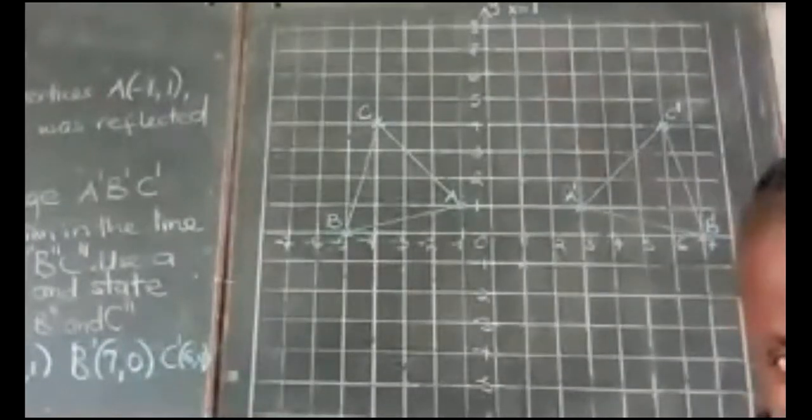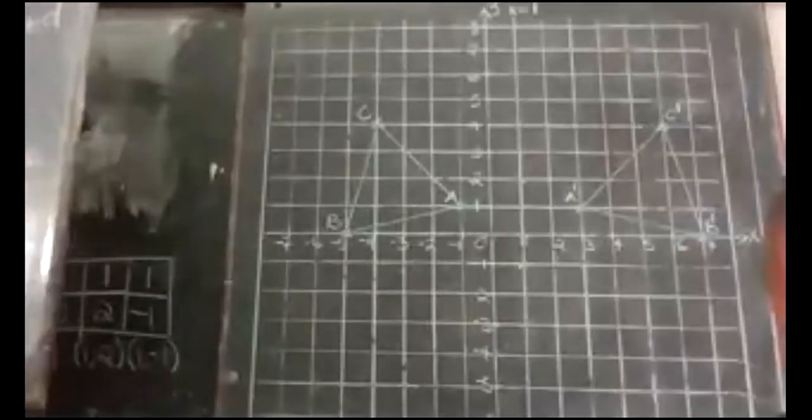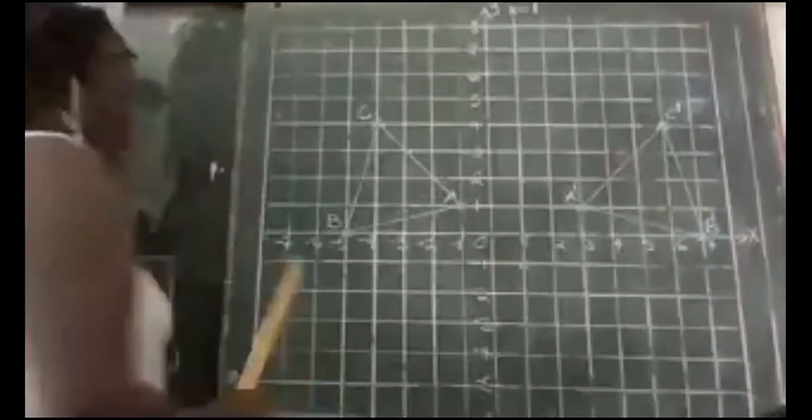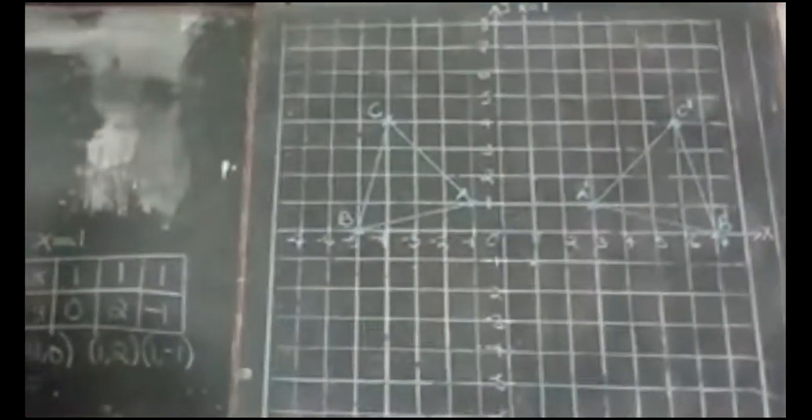Angel Tongo, your hand is up. I was asking about the points you used to get the mirror line for the y coordinates. Were you just getting any point? Yes, you get any point. When they say the line of reflection is x equal to 1, it means that the x coordinate is the one that is fixed to 1.